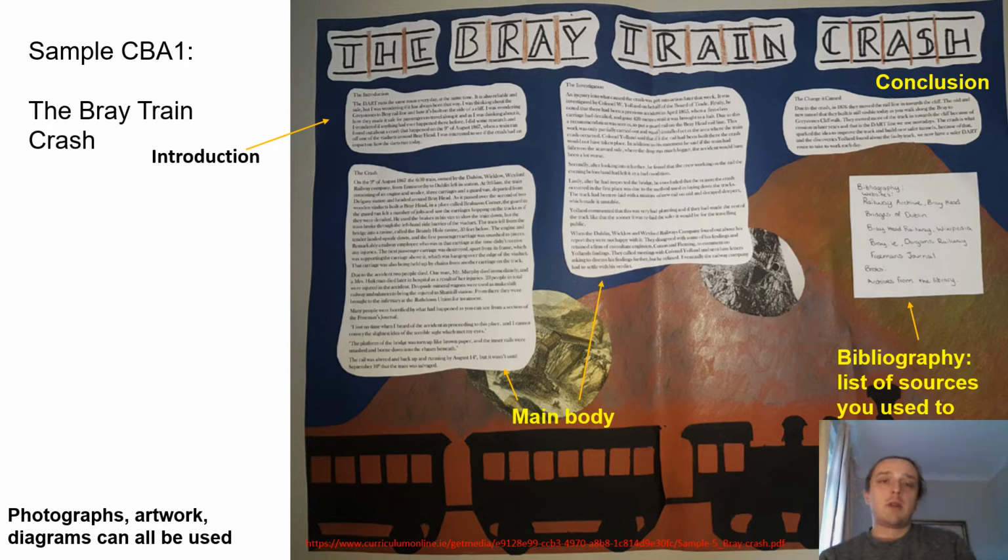So you have an introduction there on the top left of the poster under the title, and underneath that, and there's another block beside it, the 2 large ones are the main body, and then the conclusion on the top right hand side there, and underneath that is the bibliography, and that's a list of sources that you would have used during making out your CBA, and the sources would be books, websites, museums, wherever you found your information. You can also see there that he's used photographs, images, and a big diagram of a train there as well. And I think in the title there's meant to be train tracks as well.